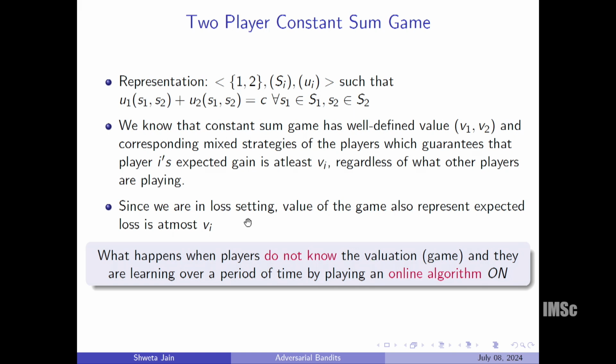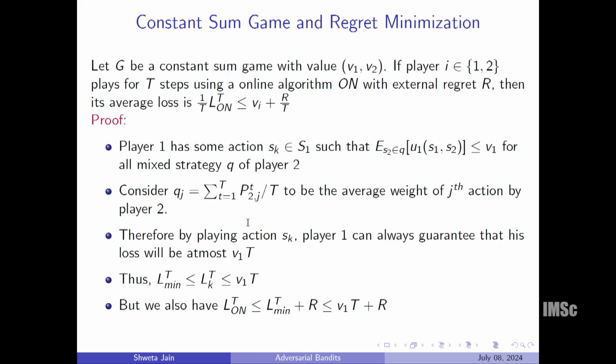and that happens to be the correlated equilibria, which we will do tomorrow. But before that, I have the last theorem of the class, which says that if I have a zero sum game with the values V1 and V2, and suppose there is a player which plays for t steps using an online algorithm ON, which incurs a regret of capital R, forget about external, it incurs a regret of capital R, then the average loss will be bounded by Vi plus R by T. What is Vi?